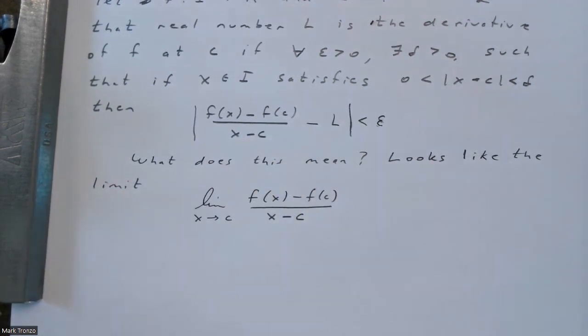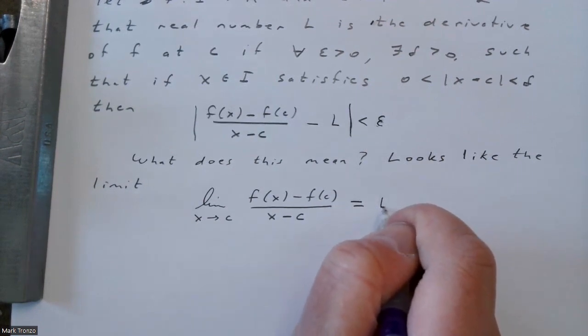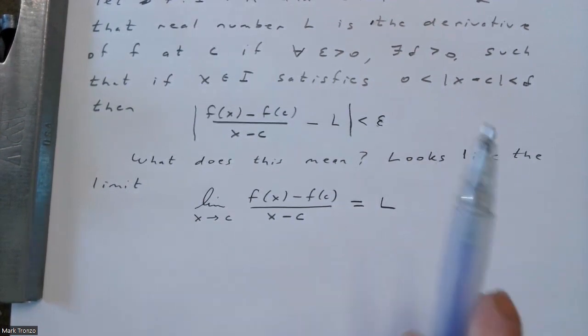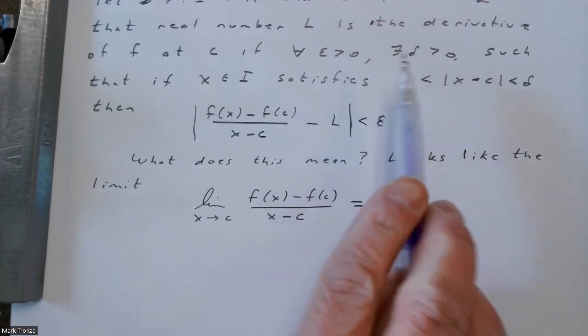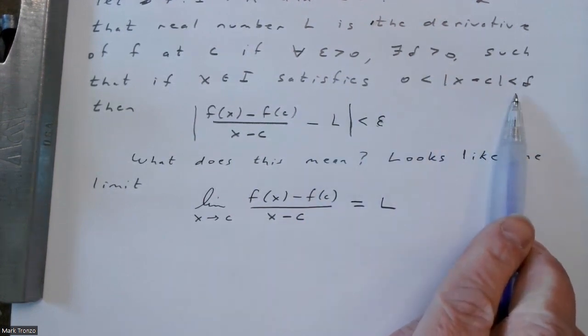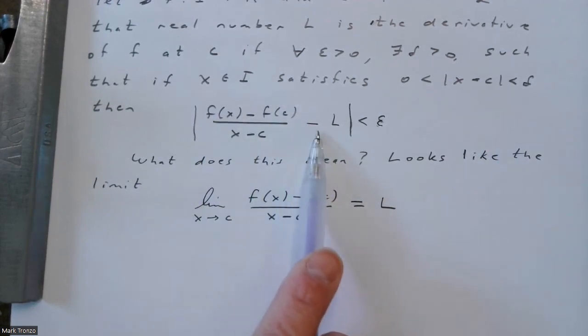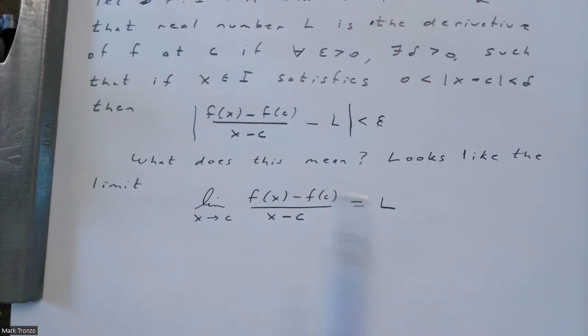In other words, if we were to define this limit the way we did before, we would say if this limit was equal to some L, then we would say for all epsilon greater than 0, there exists a delta such that |x minus c| less than delta. Then we would have this, whatever is here, minus L less than epsilon. So that's really just a limit.